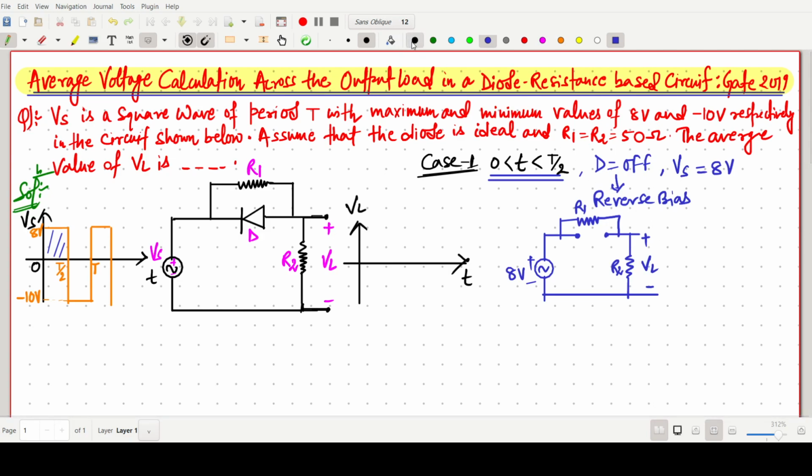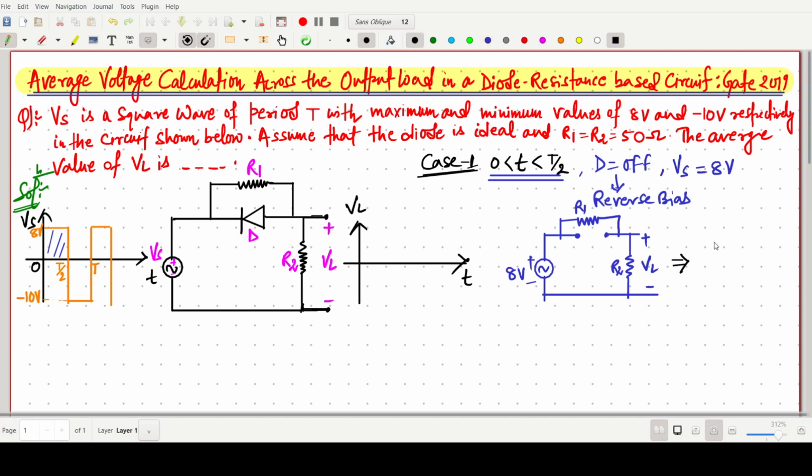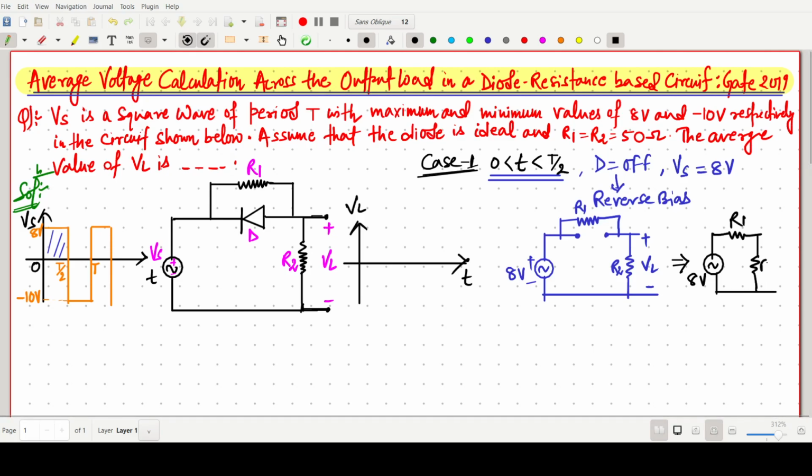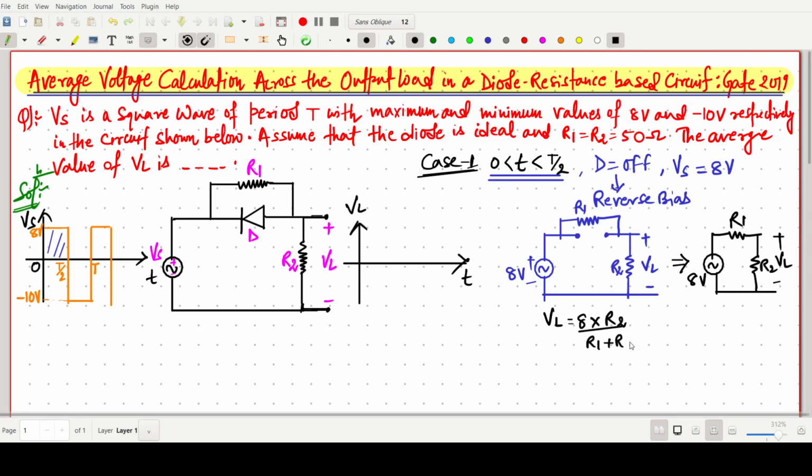If we redraw the same circuit, we have 8 volt, R1, and R2, and this value will be VL. By applying the simple voltage division rule, VL is 8 volt into R2 divided by R1 plus R2.